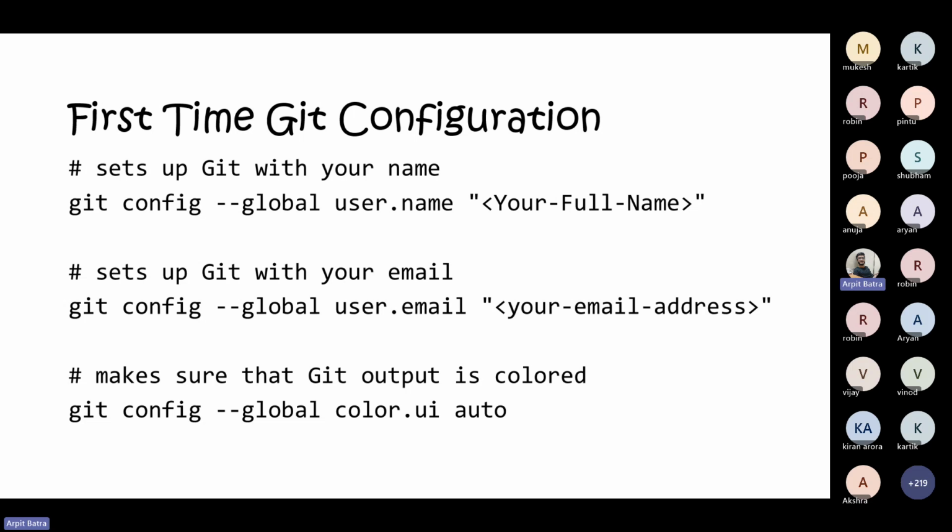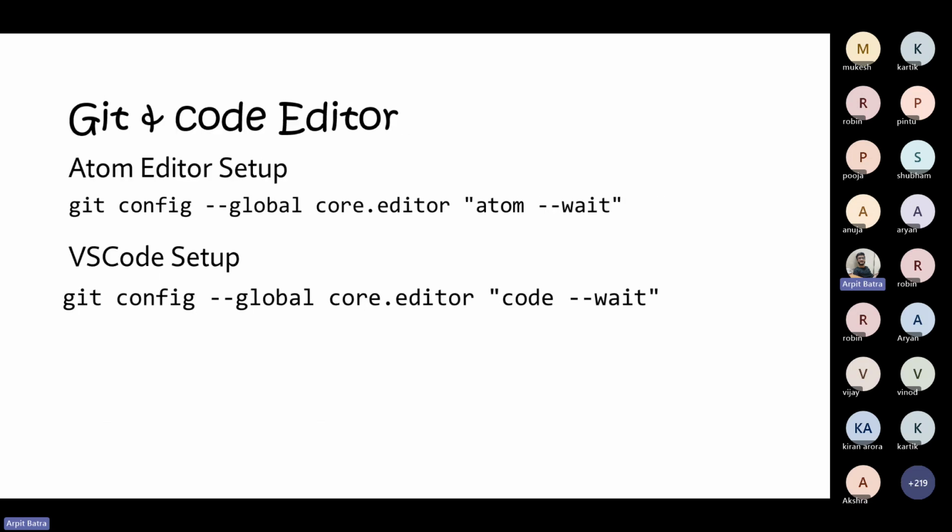Now we go for the next topic, Git and code editor. Atom editor setup: git config --global core.editor "atom --wait". Then we have VS Code setup: git config --global core.editor "code --wait". Actually, we already discussed this topic in our previous lecture, the Git and GitHub workshop.